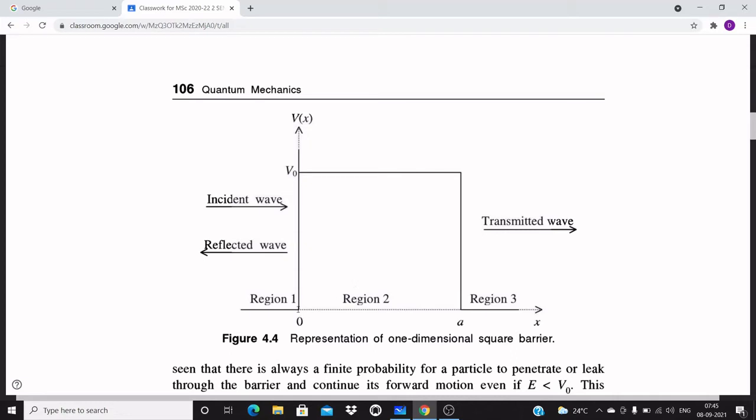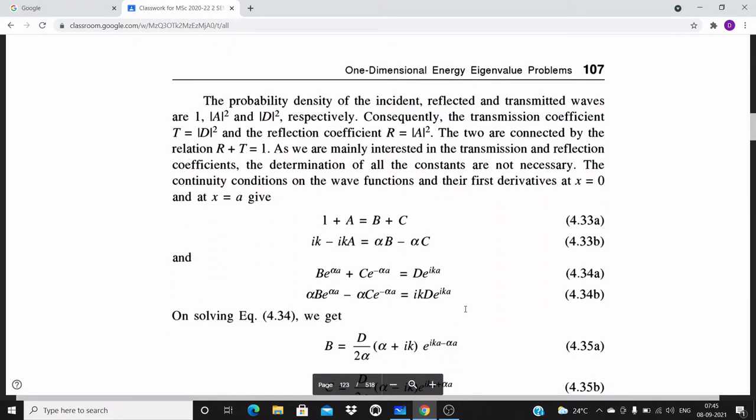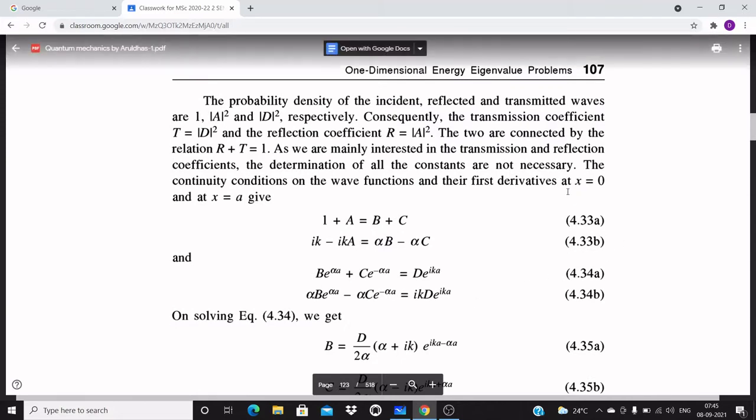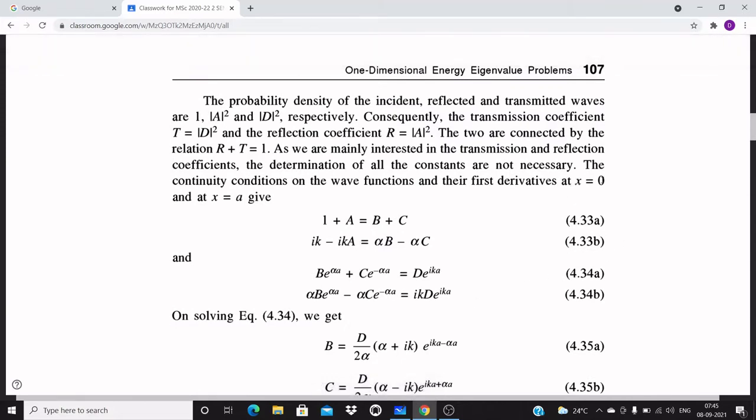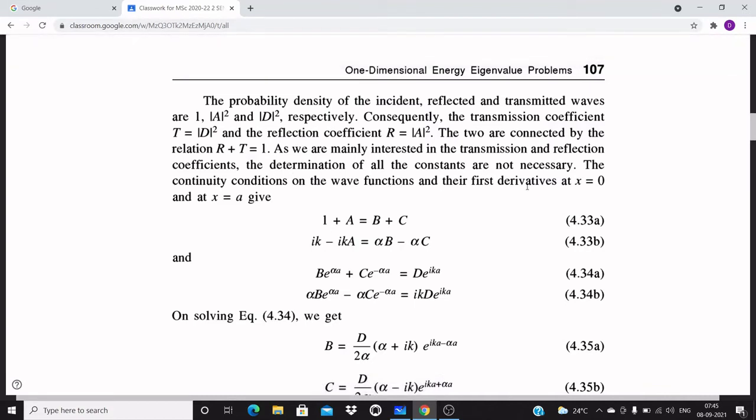So we are going to consider the continuity equations at the boundaries x equal to 0 and x equal to a, and by rearranging and modifying the equations, we will get a number of mathematical equations, and using them we will be able to calculate the reflection and transmission coefficients. First of all, let us apply the continuity equation at x equal to 0. When we apply the continuity equation, the wave function and its first derivative are taken.